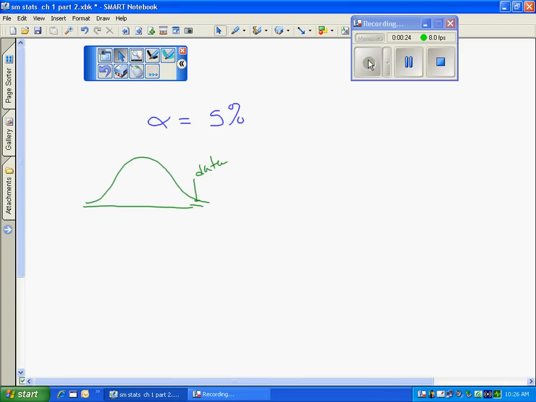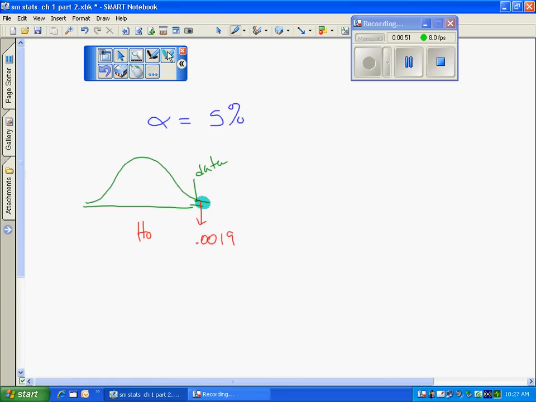So I look in my table on page 407, and I find this area. What's the chance that that data would occur if this is what my null hypothesis looked like? Pretty unlikely. And in fact, I use my table, and I find this space or area to be 0.0019.